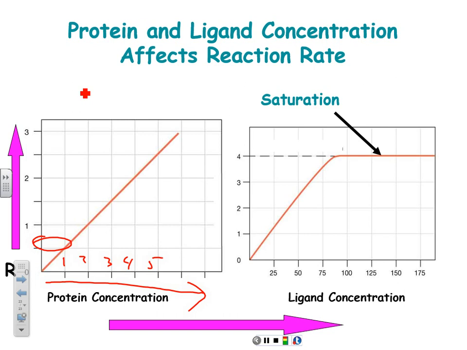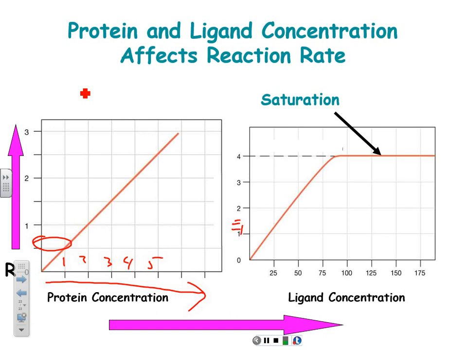Up over here, what we're looking at is we are increasing the ligand concentration, right? 25, 50, and so on and so forth. Here, I have one enzyme present, 2, 3, 4.